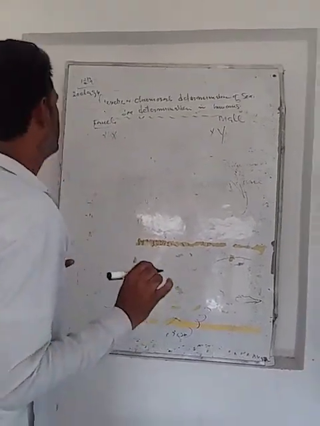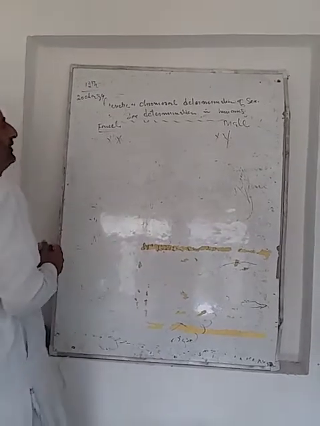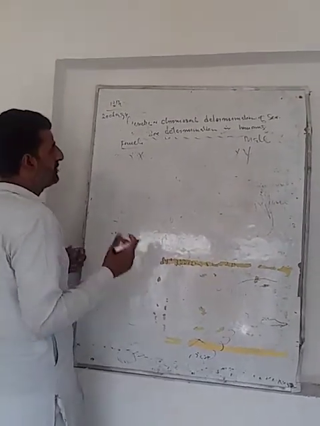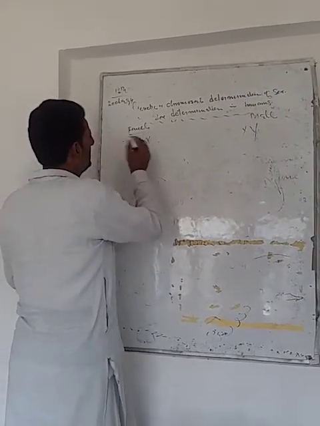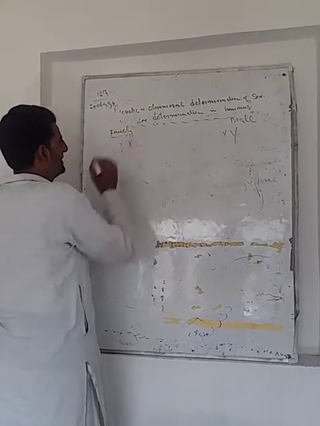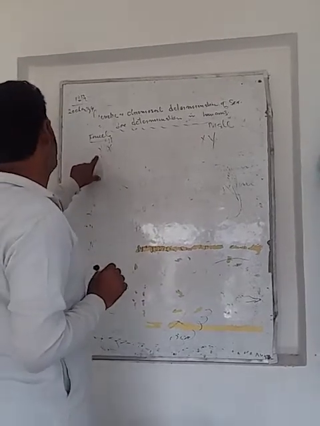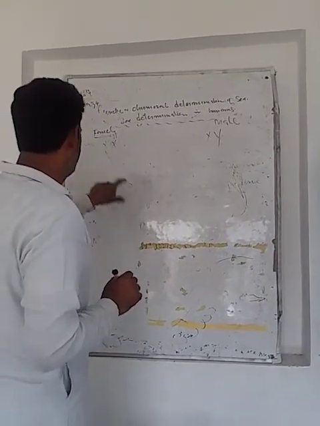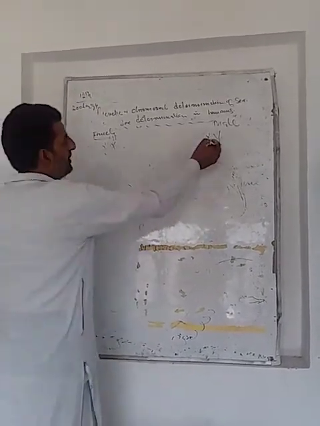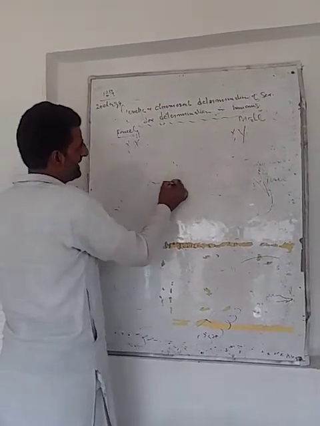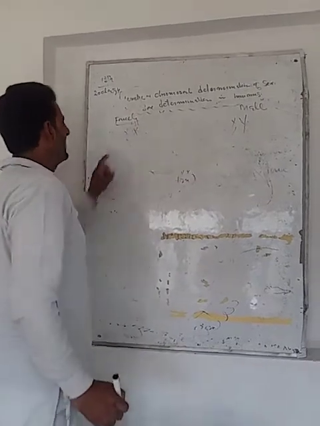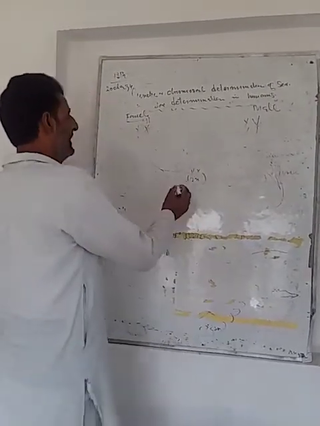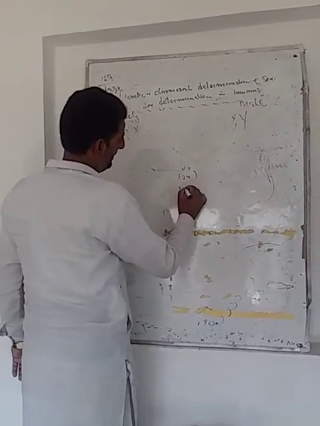If the egg from the female side fertilizes with the sperm bearing X chromosome, that is X and X, then the birth will be female.